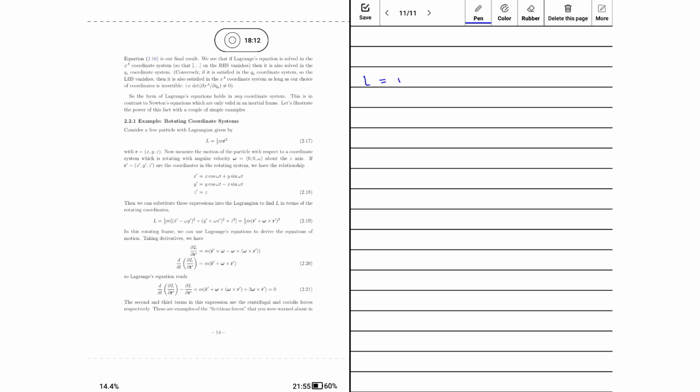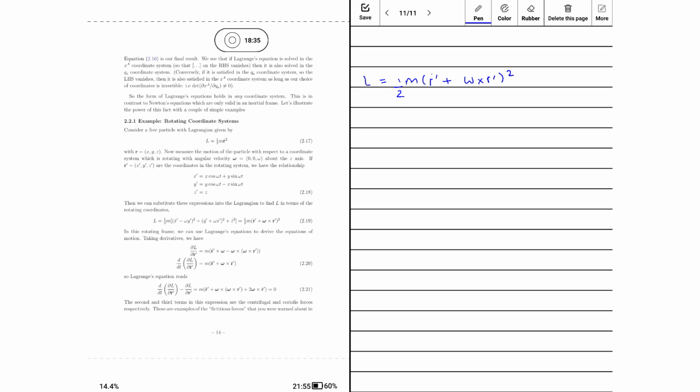L in the rotating frame of reference is basically half m times r dash plus omega cross r dash, the whole square. So if you can see now, there is only one coordinate, r dash.